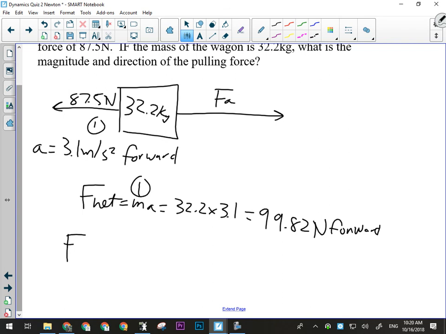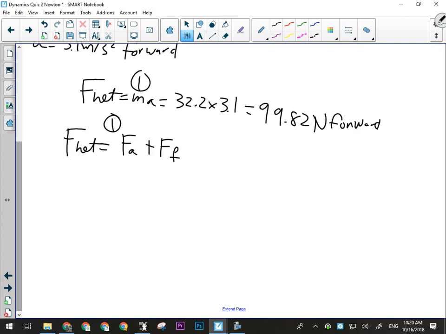Then the other way to calculate net force is through the vector sum of all forces. So that would be the force applied plus the force of friction. Give them a mark if they have that written somewhere. I'm going to manipulate this to find the applied force. So the applied force will equal F net minus the force of friction, which will be 99.82 minus negative 87.5.